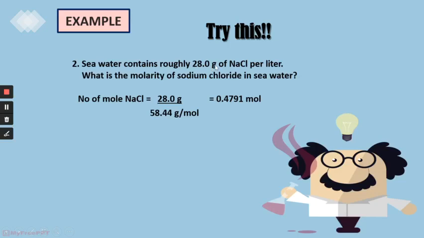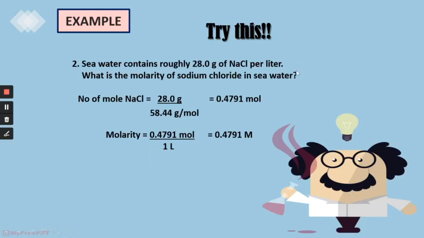The mass is already given, so firstly calculate the number of moles of sodium chloride: mass over molar mass. You should have the molar mass value, 58.44 gram per mole. So you cancel out the gram and gram here, and you will get the answer 0.4791 mole.